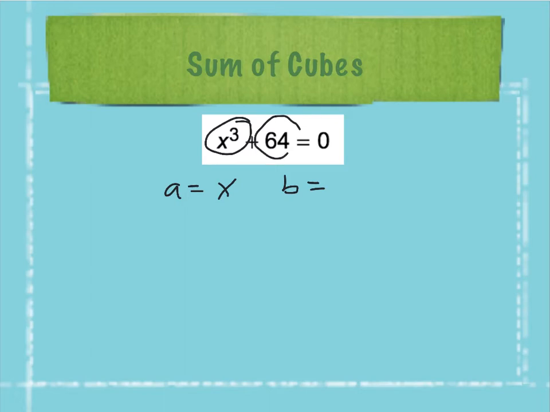So again, this is our b cubed, so what would our b be? What cubed is equal to 64? 4. So our b is going to be 4. And now what's our sum of cubes formula?